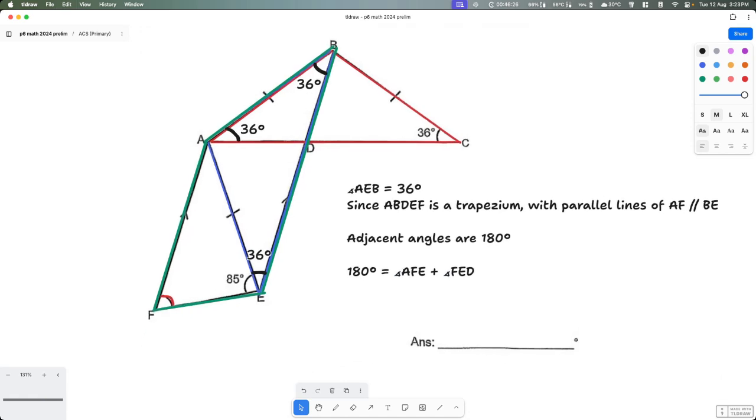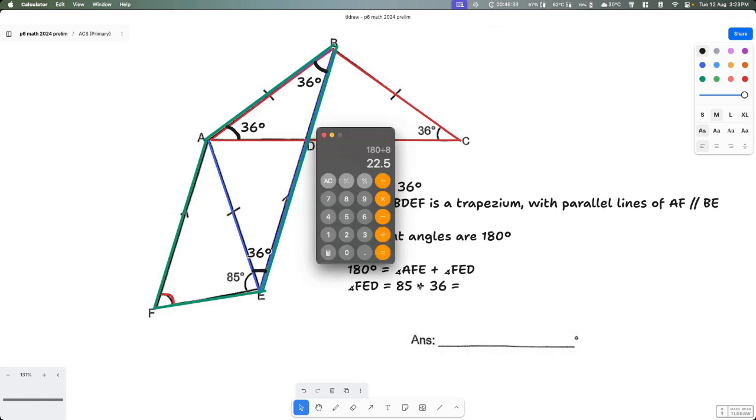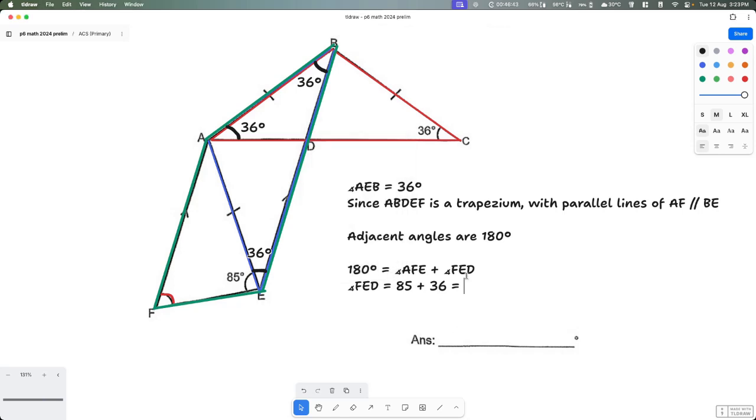So angle FED is equal to 85 plus 36. Let me use the calculator: 85 plus 36 gives us 121 degrees.